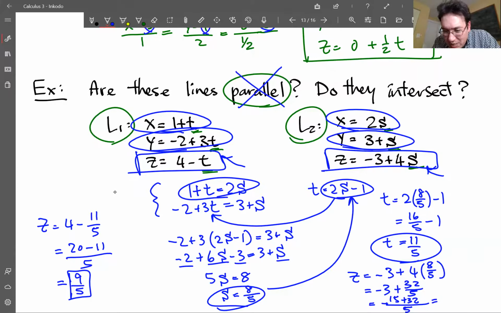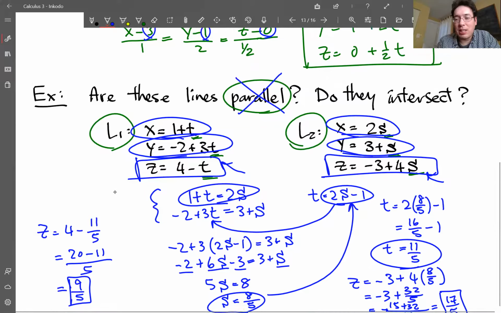Let's see, that's -15 plus 32, so that's positive 17/5. So the z coordinates do not agree. If they agreed, the lines would have intersected at that point. But they didn't. That means line 2 has a higher z coordinate than line 1 when the x and y coordinates match. So they do not intersect.